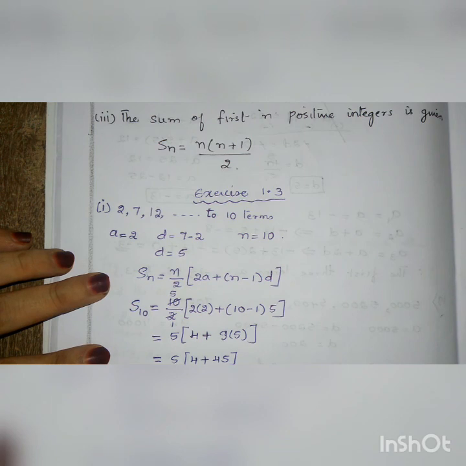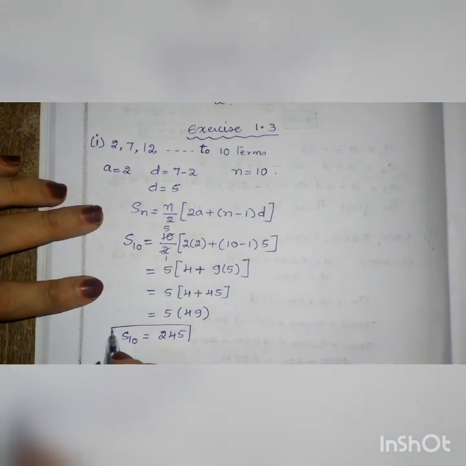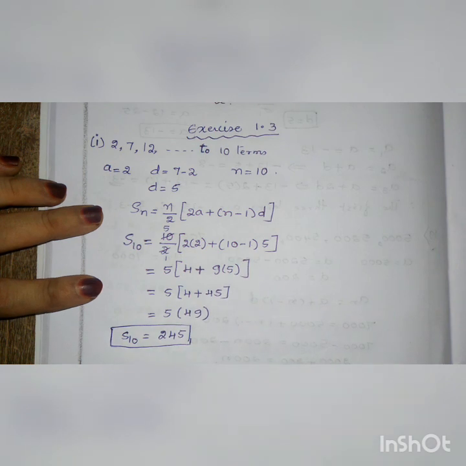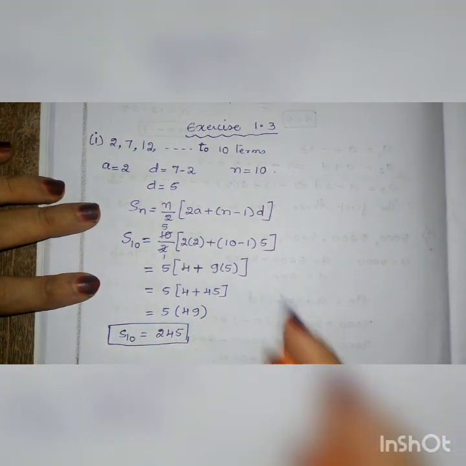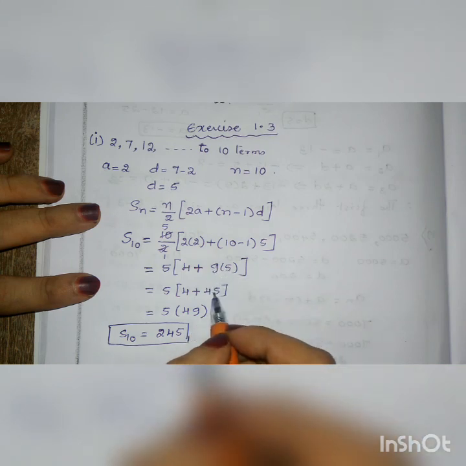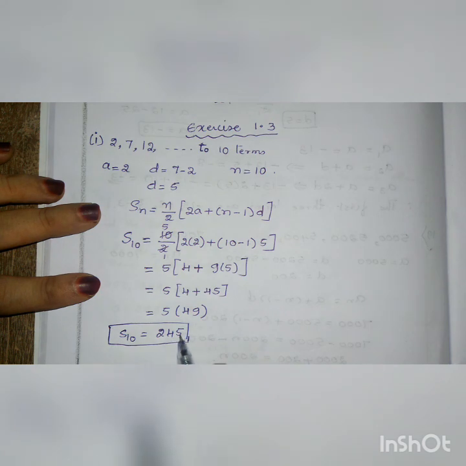So S10 is nothing but 49 multiplied by 5, that is 245. So this is the answer, the sum of 10 terms. It was not clearly visible, I guess: 9 fives are 45, 45 plus 4 is 49, 49 fives are 245.